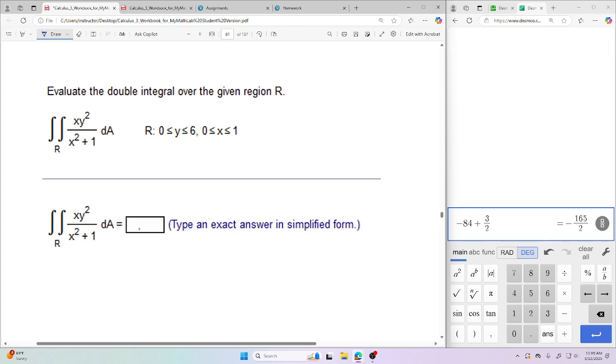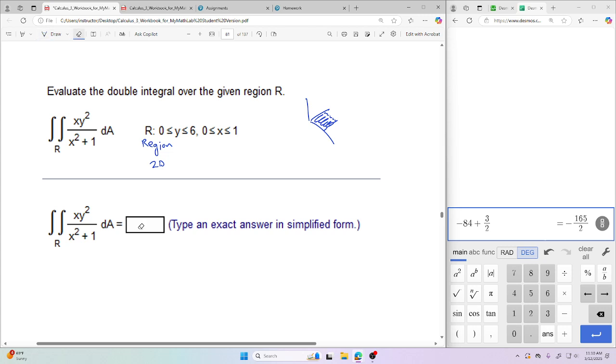So notice this little R down here. R stands for region. It's a region. And then eventually they'll use V for volume, meaning 3D. So the region is basically a 2D zone of some kind. On the 3D graph, it's the shadow of where we're looking, and everything above it is what we're actually finding.